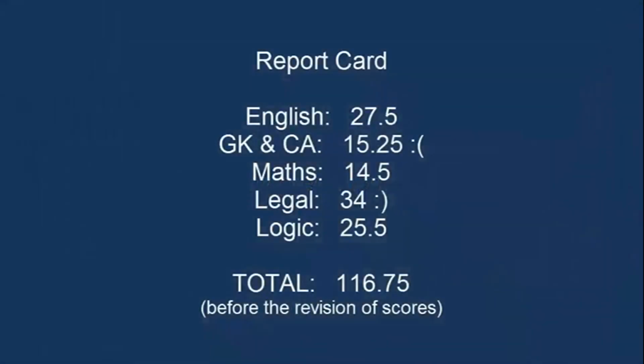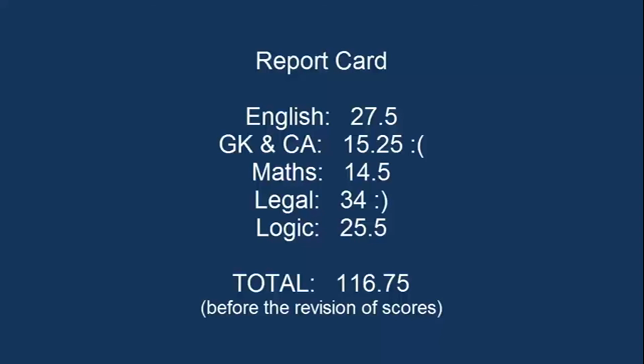In the end, after the first scoring, my score in English was 27.5, in GK was 15.25, mathematics was 14.5, legal was 34, and logical reasoning was 25.5, with a grand total of 116.75. And this, in such a typical and tough paper, was enough to secure me the All India rank of 52.